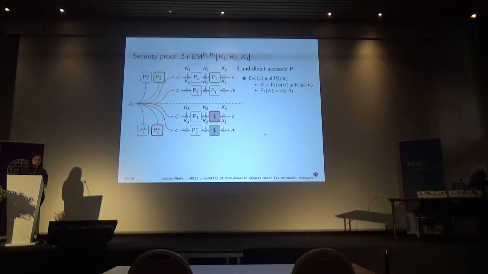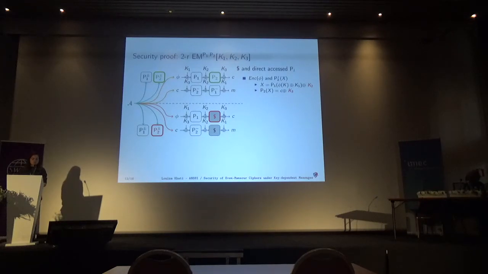The first family of collisions is the collision between the forgetful random oracle and a directly accessed permutation. In the real world, if we have the same value here and here, so the input of P2 here and here, the output will be the same, but it will not be the case in the second game.